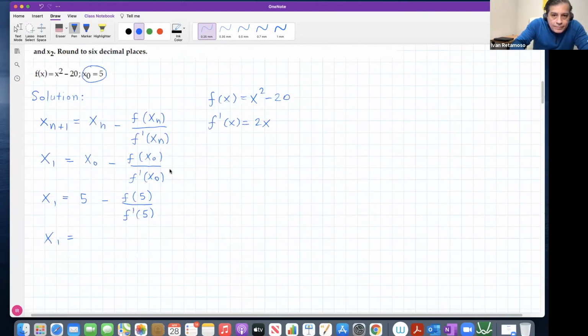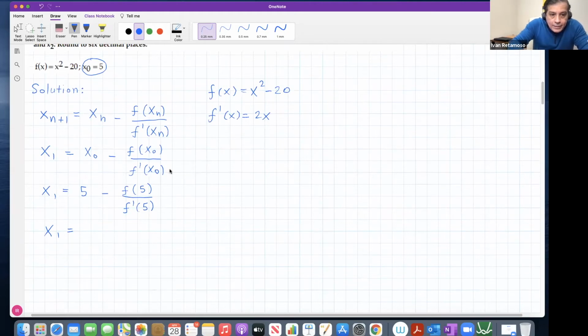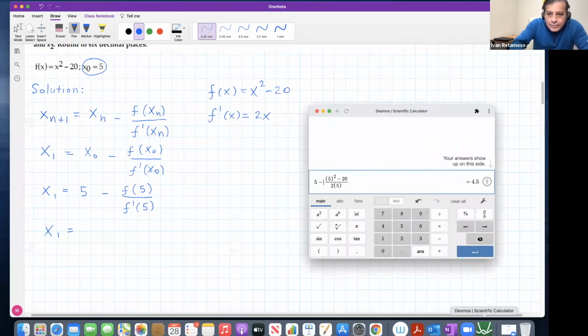So we're after x1. Use your calculator. The evaluation at 5 was this, and I end up with this value, 4.5. The first iteration is equal to 4.5. Let's write it out here.